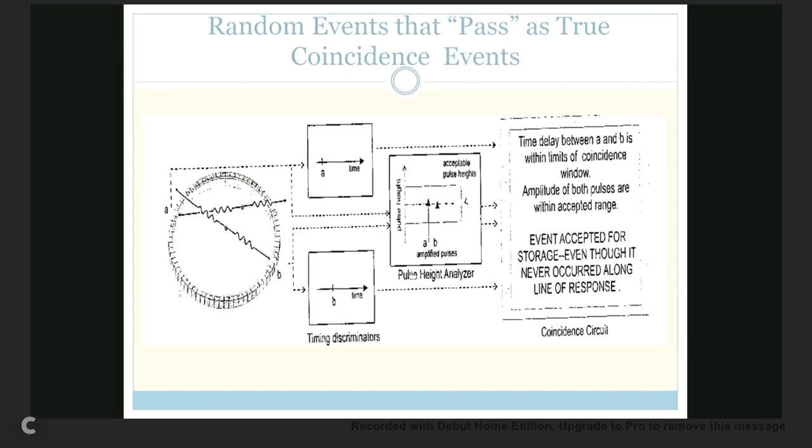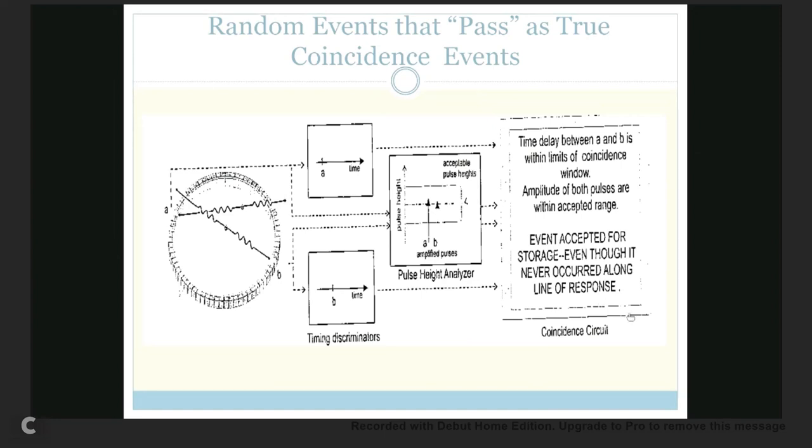But the other half of A went through, and it got accepted. The time delay between A and B is within the limits of the coincidence window. The amplitude of both pulses is within the accepted range. So the fact that it actually went through within a specific time frame is the reason why it got accepted.